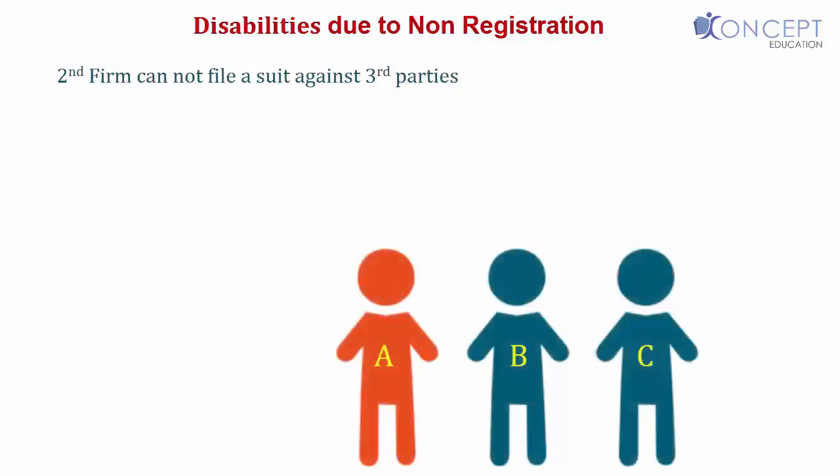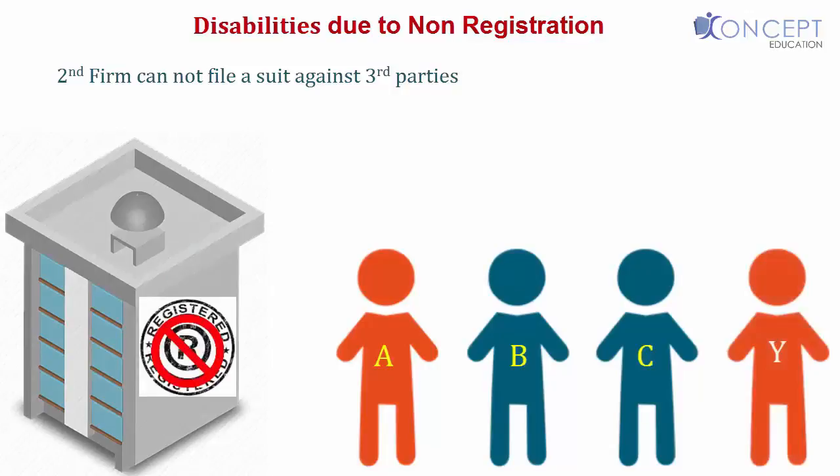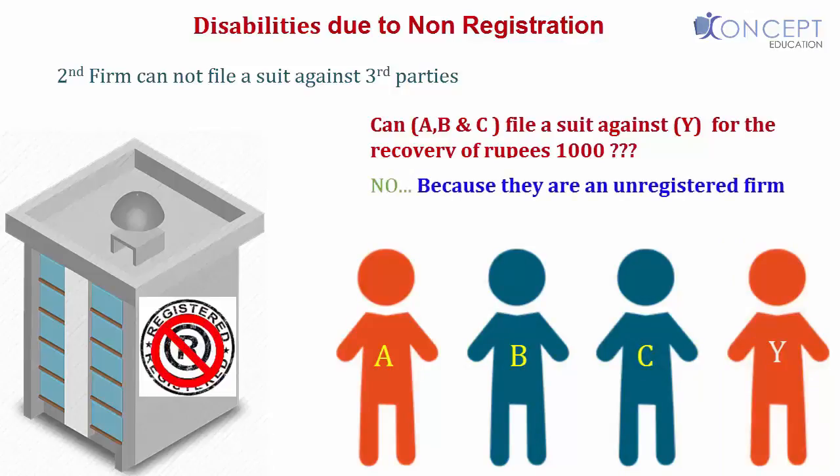Suppose A, B and C are partners. They newly constituted a firm and commenced the business without registration. Y is indebted to the firm for a sum of rupees 1,000. Can A, B and C file a suit against Y for the recovery of rupees 1,000? Well, no. Why? Because they are an unregistered firm.